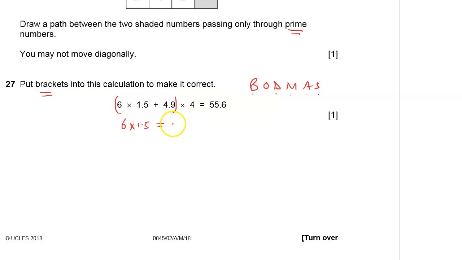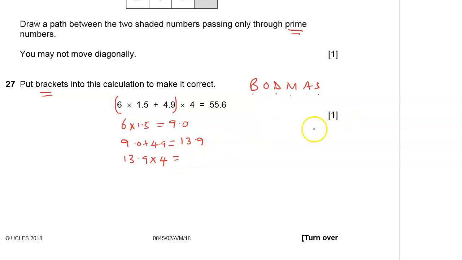So this is going to be 6 times 1.5. This will give us 9.0. 9.0 plus 4.9. This should give us 13.9. And 13.9 times 4.